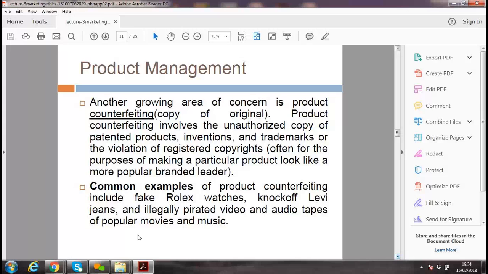If people don't have food, if their basic needs aren't fulfilled, what will they do? Will they focus on the ethics, or on the basic needs? That's why the first thing we need to do is fulfill the basic needs. Common examples of counterfeit products are fake Rolex watches, and so many different fakes as well.